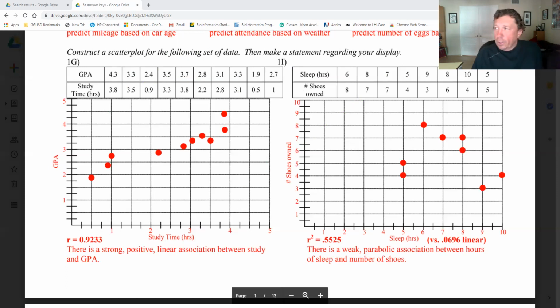And the calculator will do it for you, okay? So watch closely. I'm going to go stat, and I'm going to arrow over to calculate, and then I'm going to go down to number 8. Now, number 8 says linear regression, A plus BX.